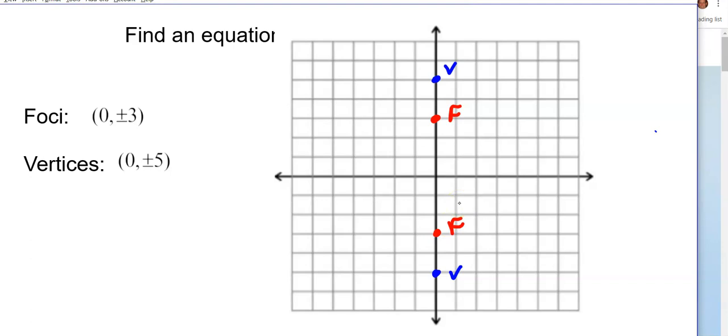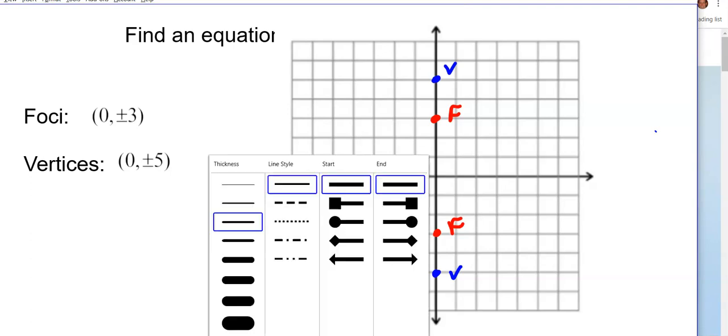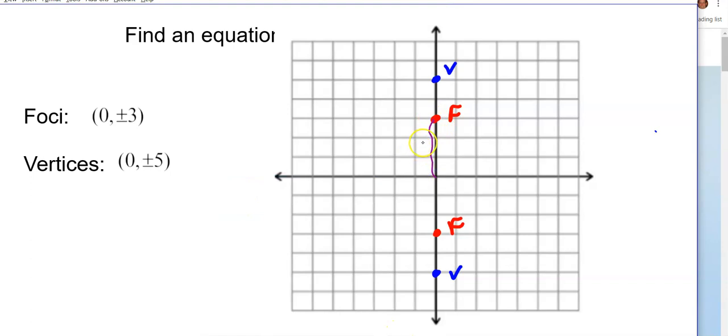If you think back to what you know, the distance from here to here is called c. In this case, c would equal 3. The distance from here to here is called a, and that distance is 5. So we know a is 5 and c is 3.